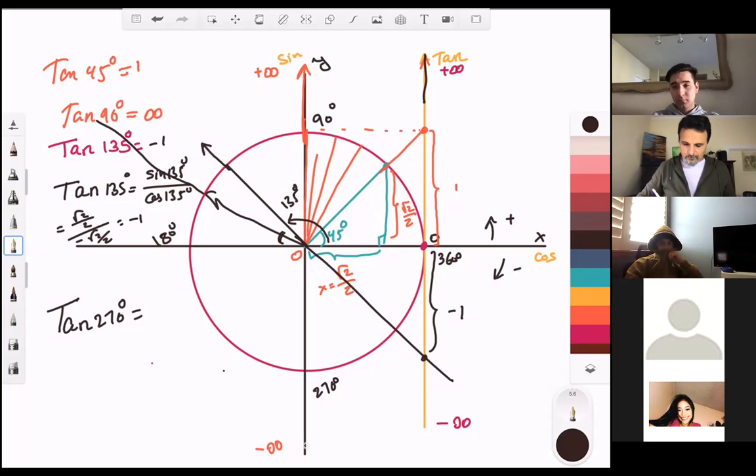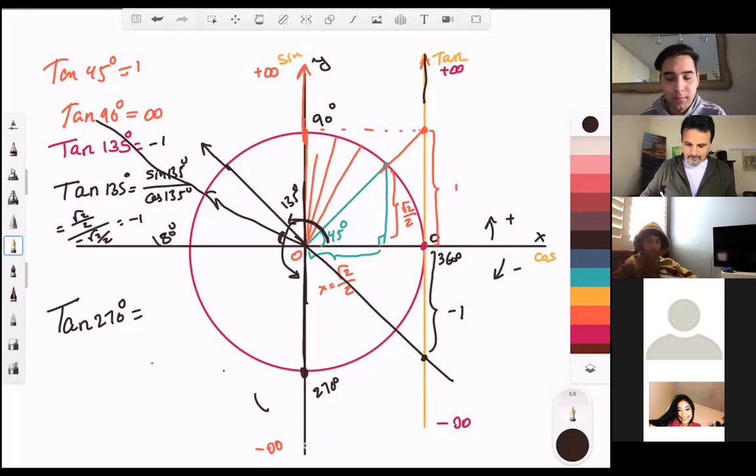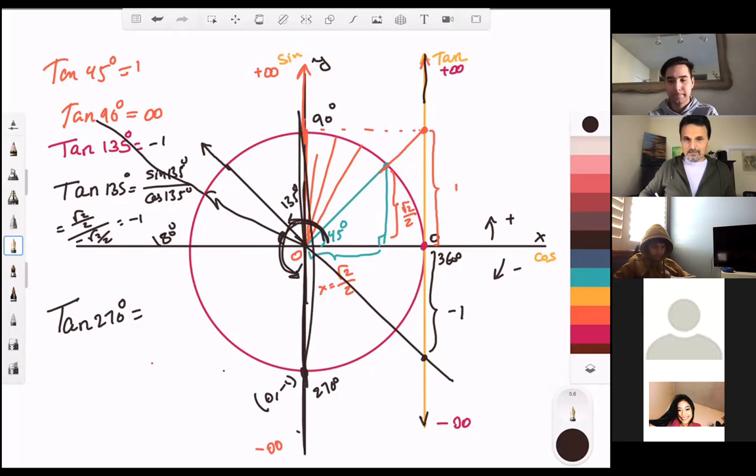Okay, that's good. So 270 is here, correct? This line is 270. This coordinate is x is 0, y is -1. But again, if you let the line go, it will be parallel to this tangent. But it goes this direction. So it will be negative infinity.